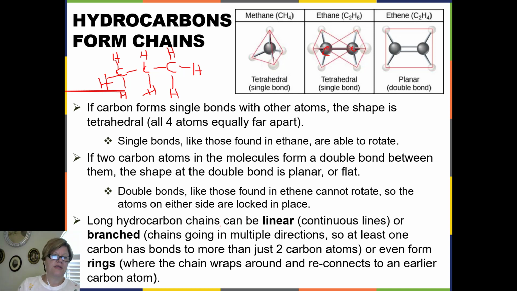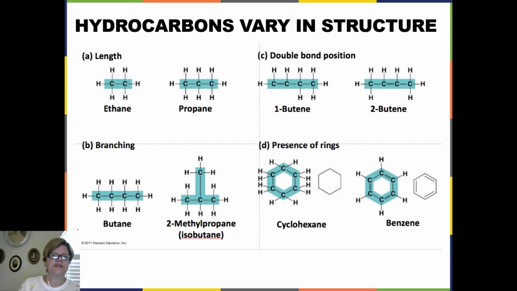All right? But then there's also a possibility of having a branched hydrocarbon. And so a branched one, this is from your book, they've kind of highlighted in blue the carbon backbones. And then this would be a very simple example of a branched one.